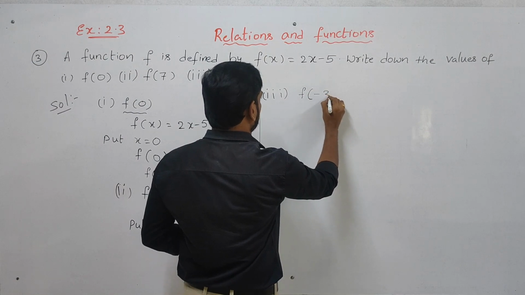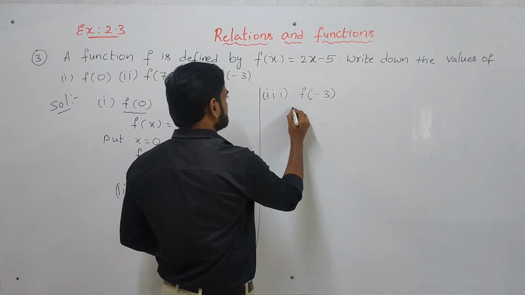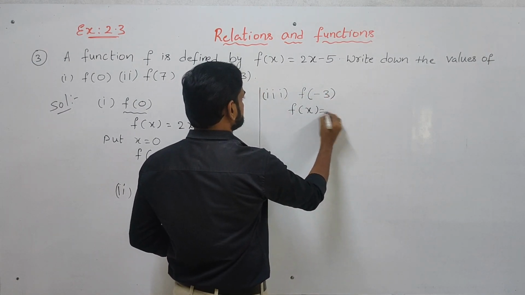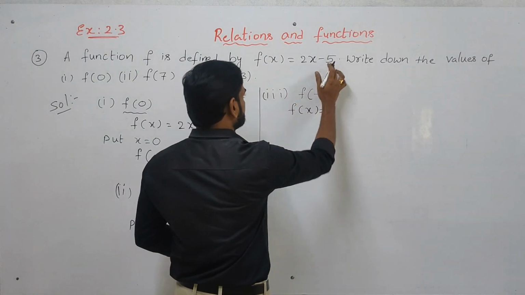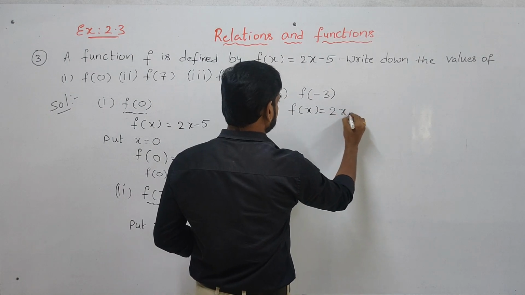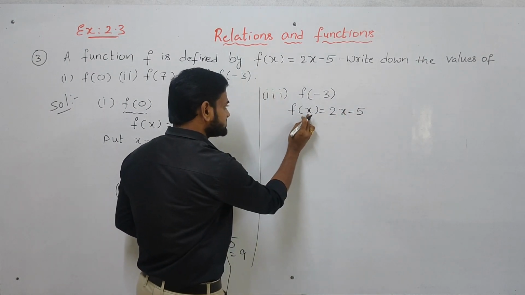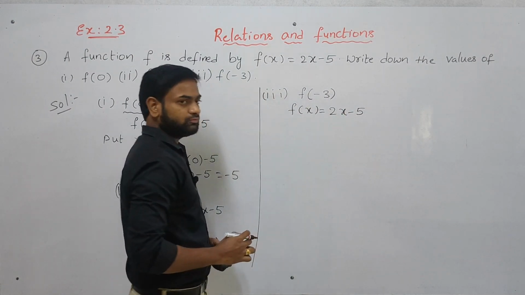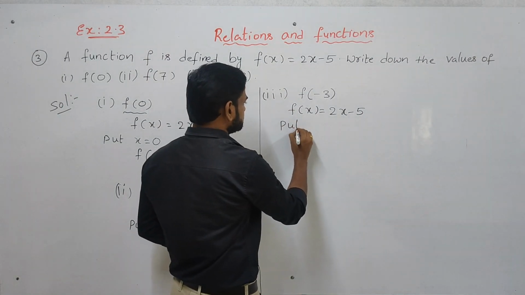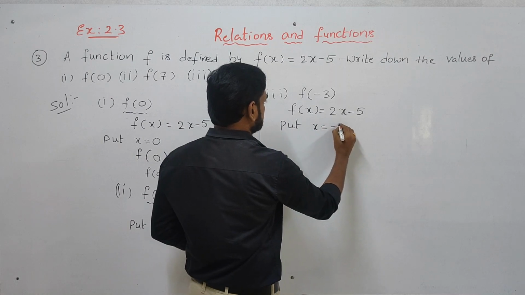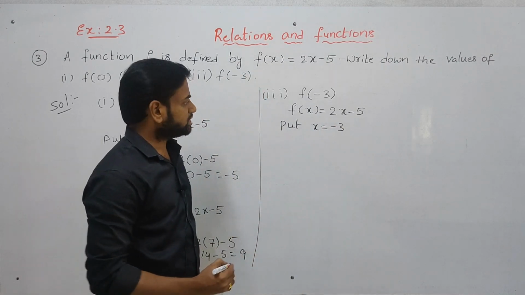f of minus 3. Now what is f of x? Given f of x is 2x minus 5. So in place of x, how much do we have? Minus 3. So put x equal to minus 3.